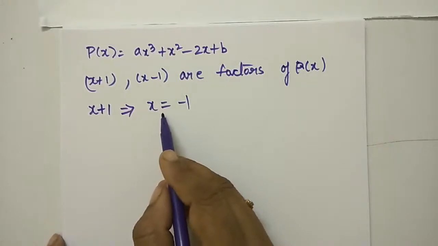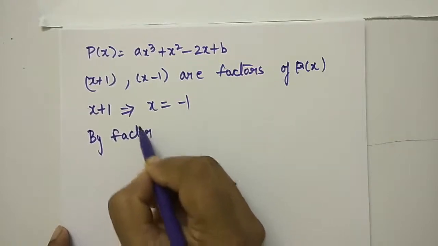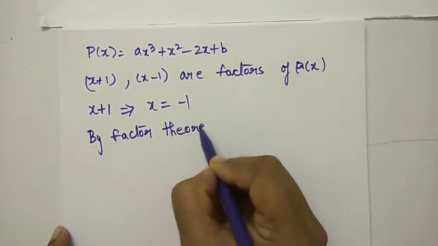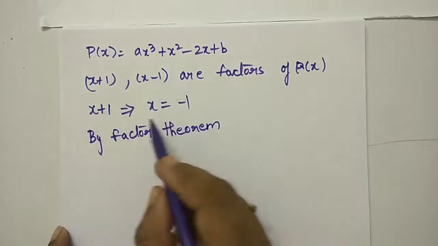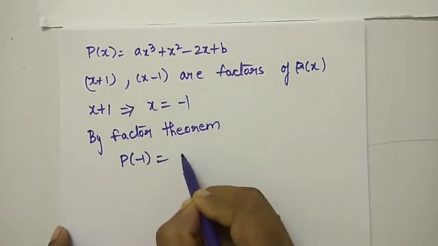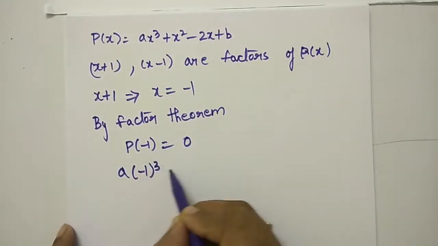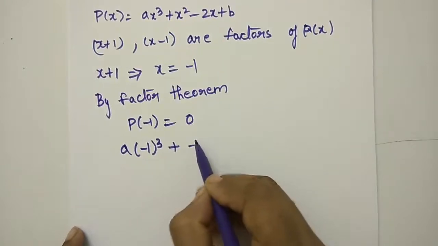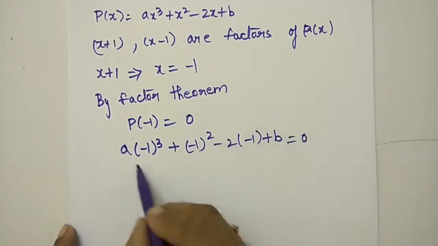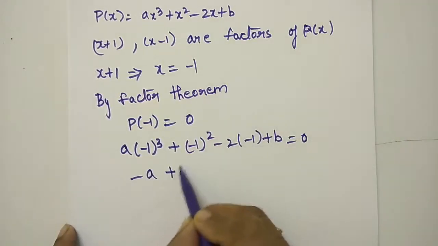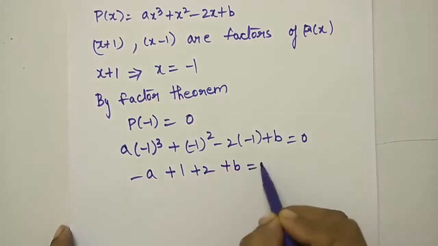By factor theorem, x plus 1 is a factor of p of x means p of minus 1 equal to 0. So substitute in place of x, minus 1 whole cube a plus minus 1 whole square minus 2 into minus 1 plus b equal to 0. This becomes minus a plus 1 plus 2 plus b equal to 0.